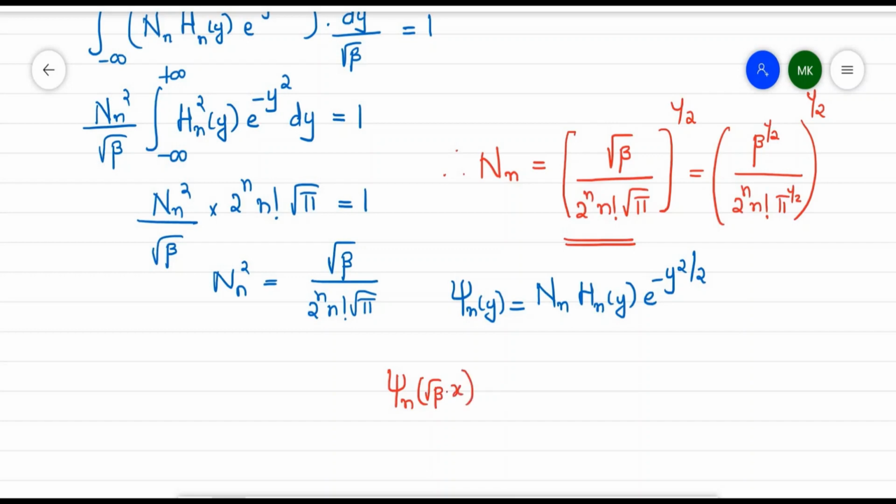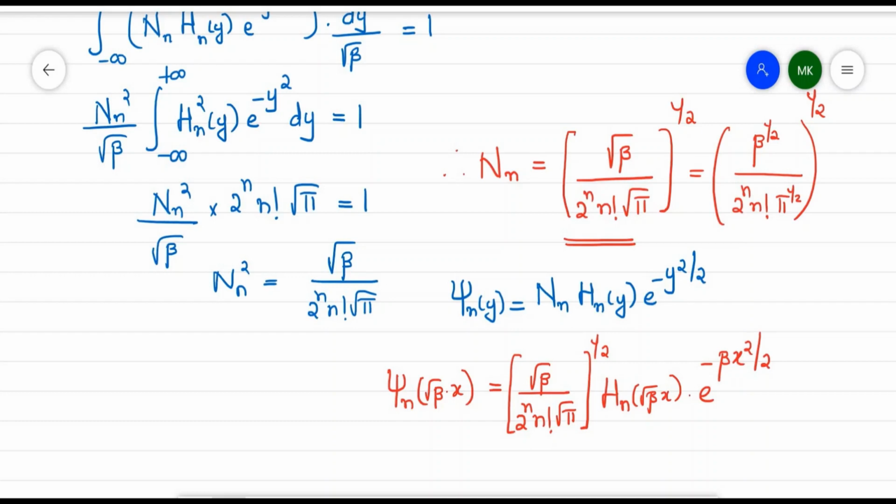If we have to write in terms of x, root beta x, that is equal to root beta by 2 raised to n, n factorial, root pi, the whole raised to 1 by 2, Hn of root beta x, e raised to minus beta x square by 2.